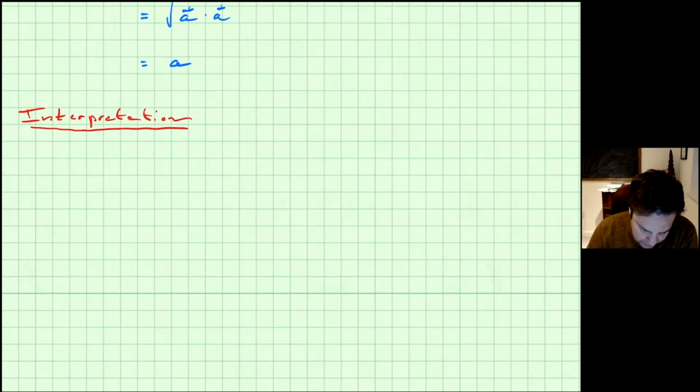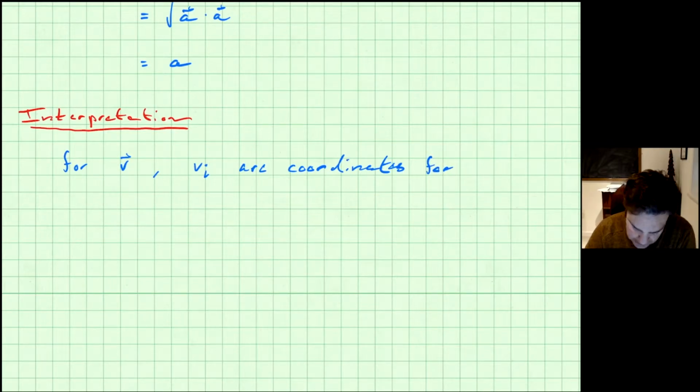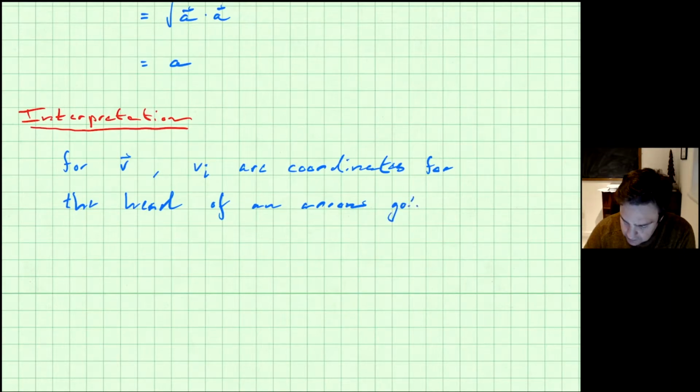So what we think of is, if you have a vector v, its components, the vi's, these are Cartesian coordinates for the head, or the arrow point, of an arrow going from the origin of a Cartesian space.